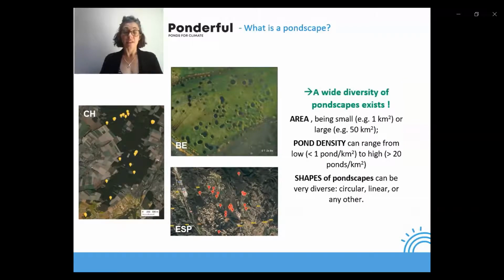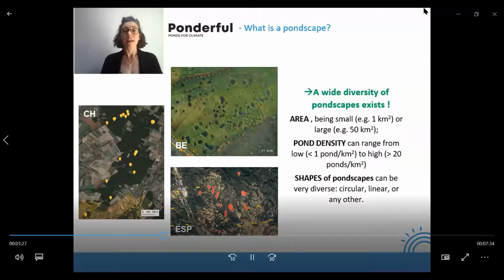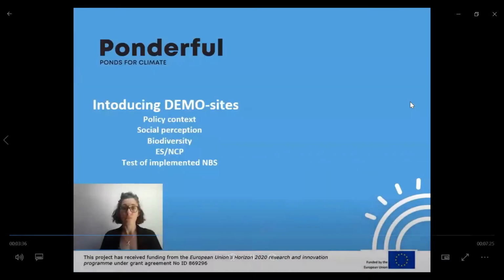As a consequence, a wide diversity of pondscapes can be described. They can vary in area, from small, for example 1 square kilometer, to large. Their pond density can range from low to very high, and the shapes of pondscapes can be very diverse: circular, linear, or any other.